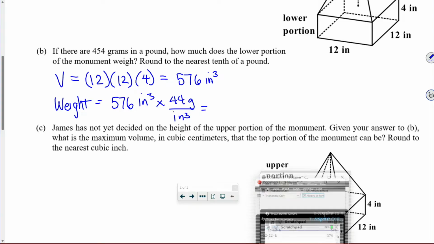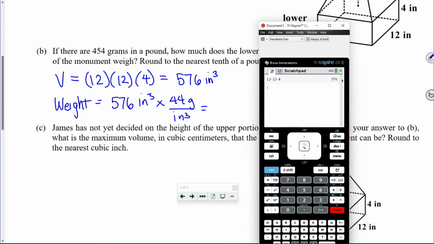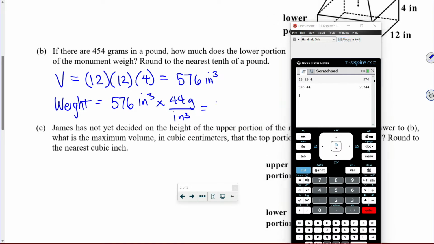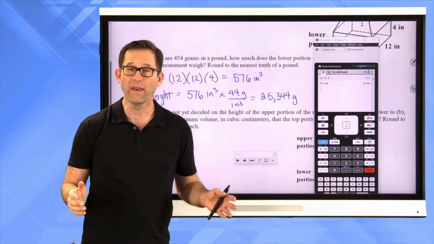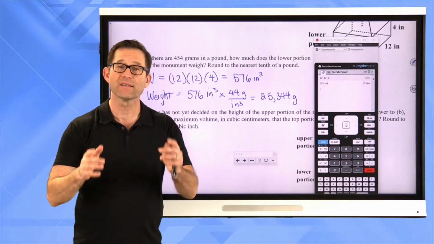I can just take that volume, multiply by 44, and I'm going to get 25,344 grams.